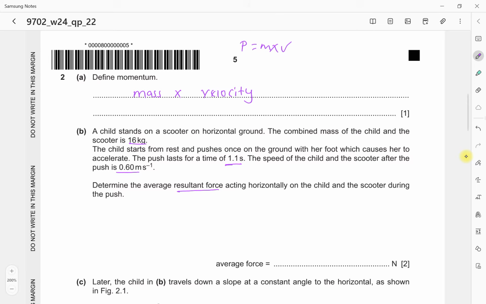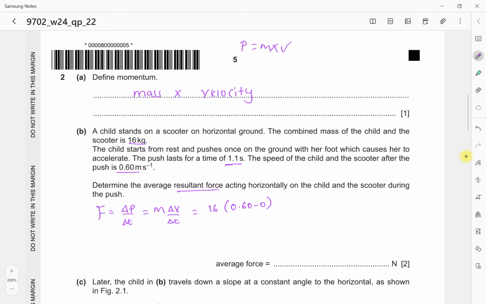So it starts from rest, so initial velocity is 0. That means the resultant force on the child is equal to the rate of change of the momentum, which is the same as mass times the change in the speed divided by delta t. The combined mass is 16. Then the velocity changes from 0 to 0.6, so I'll say 0.60 minus 0.